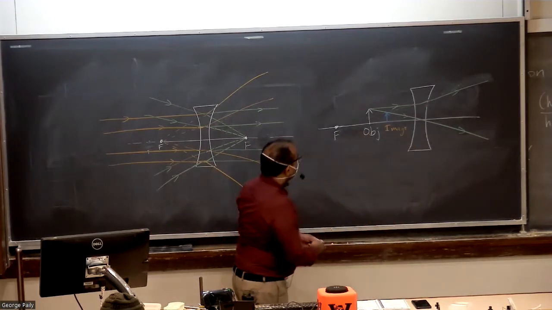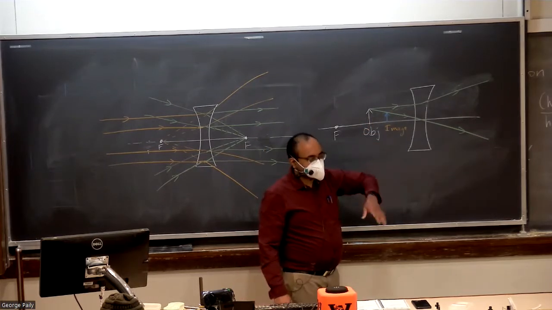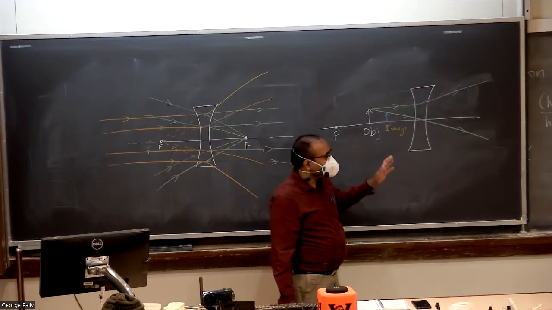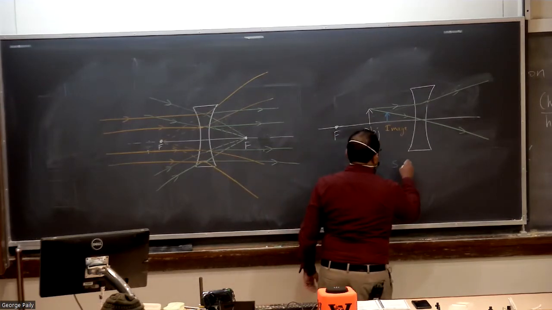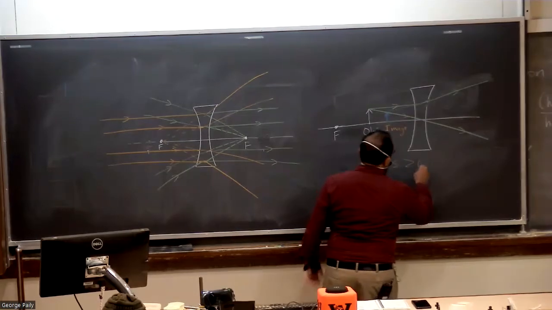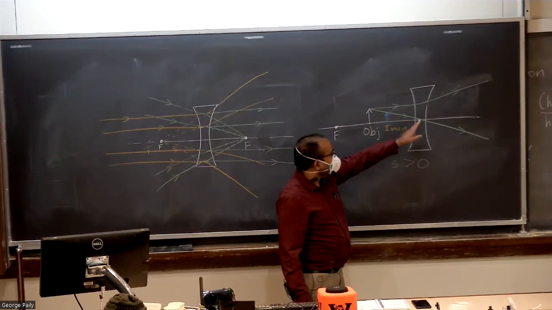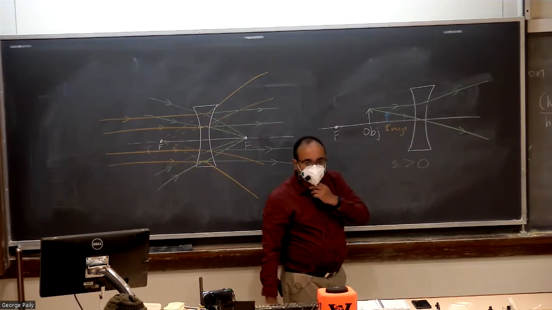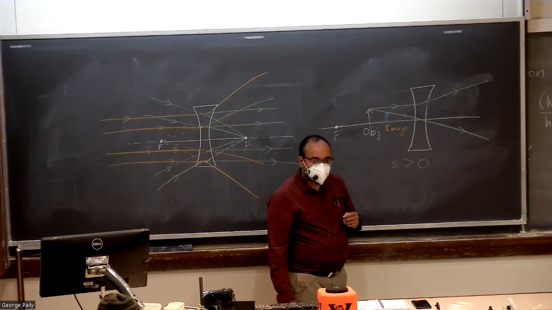Okay, so in this case, S is pretty much always going to be positive. I'll tell you about the sign convention for S in a bit, but pretty much all the cases we're going to look at, S is going to be positive. Okay, so S would be positive. S prime, however, the distance of the image from the lens. Oh, sorry, question, yes. How did you know where to draw the image? I thought it was supposed to come from an intersection of those rays.